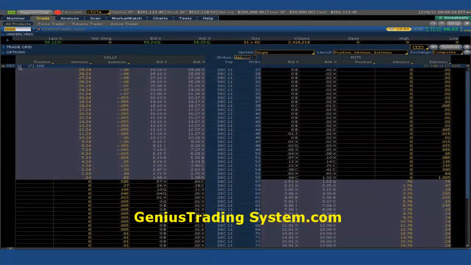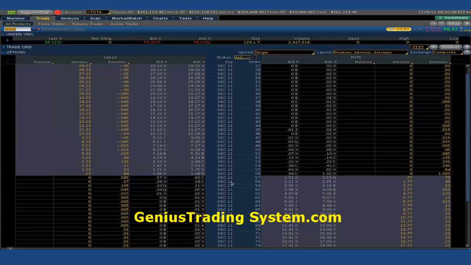These are the December 2011 options, call options and put options. So a person who is interested in seeing the Qs go up would buy a call option. A person who is interested in playing from the short side of this market would buy a put option. So if they thought the Qs were going down, they would buy a put option.